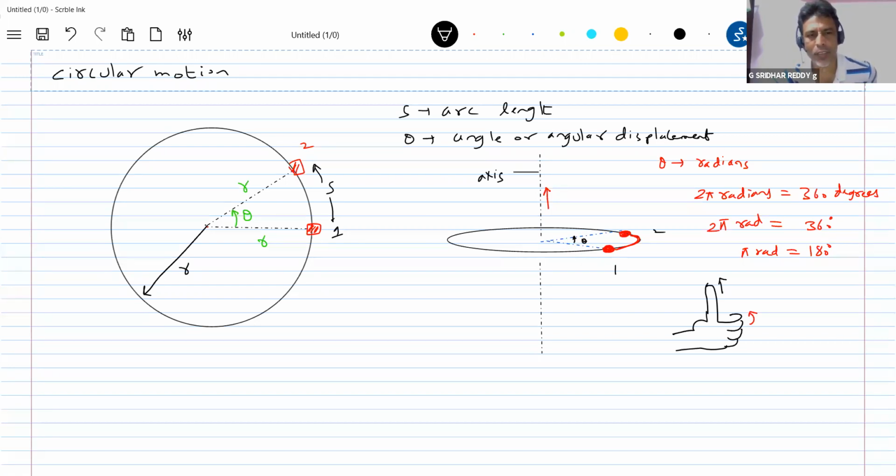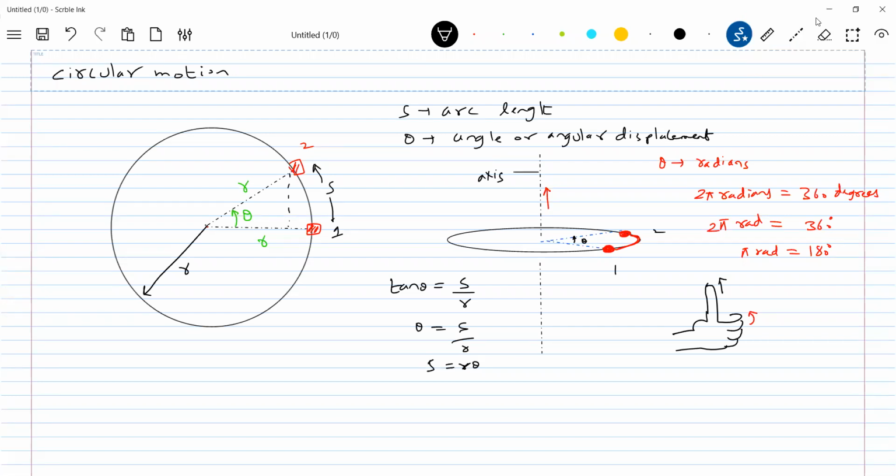Then if theta is very small, tan theta we can write as almost S by R. If theta is very small, S equals r theta. So this is how the arc length is related to angular displacement, given by this formula. I think you already know this from the basics of geometry.